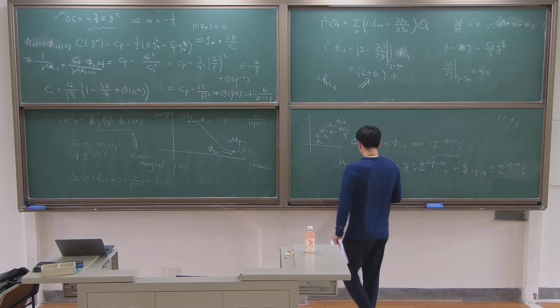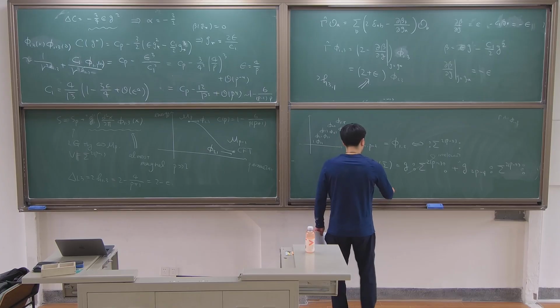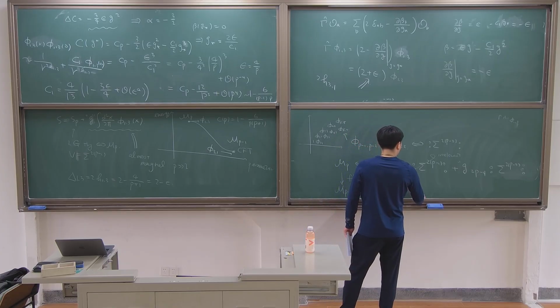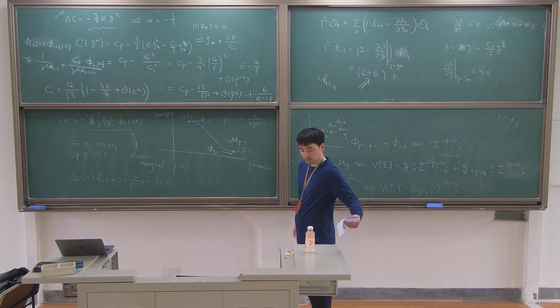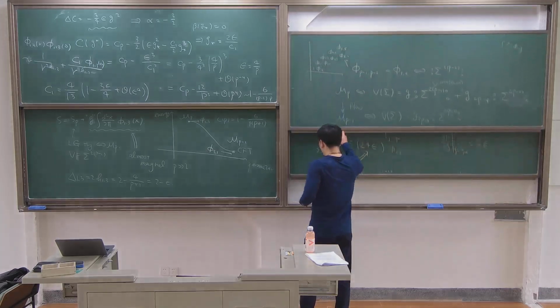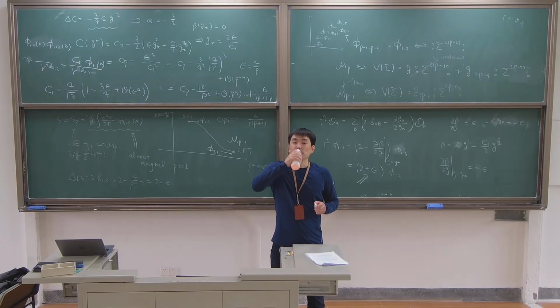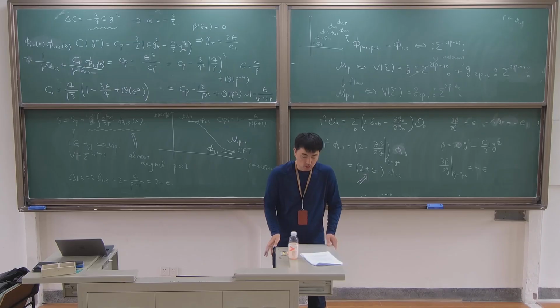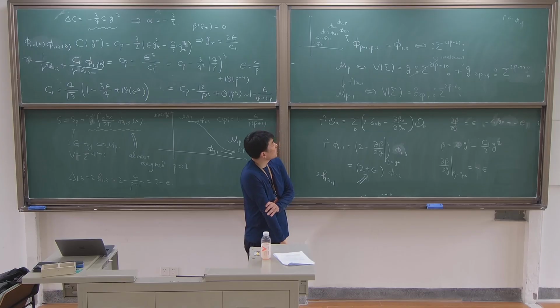And at the end of the day, it flows to M_{p-1}, which corresponds to the potential sigma to the 2p minus 4. So this is exactly what happens.